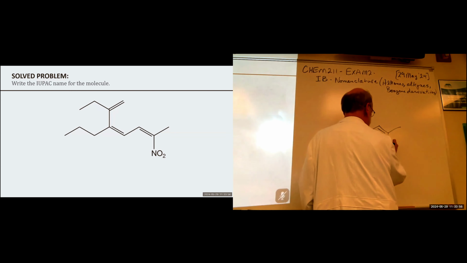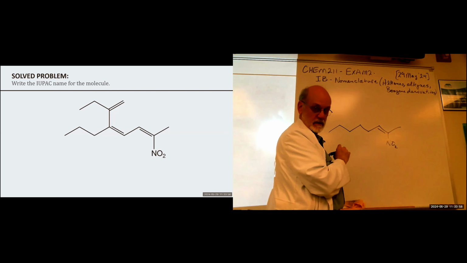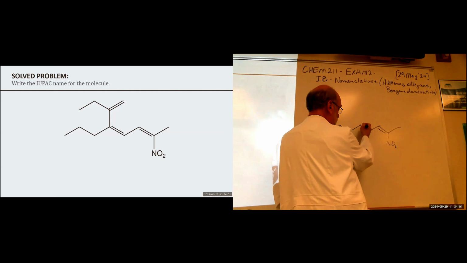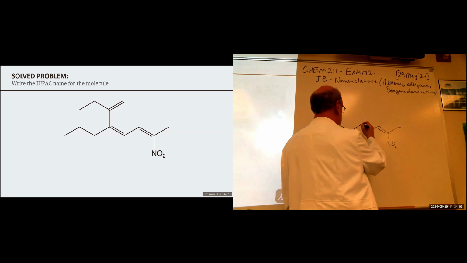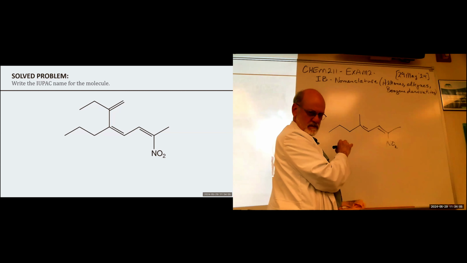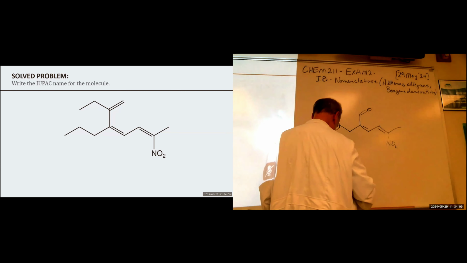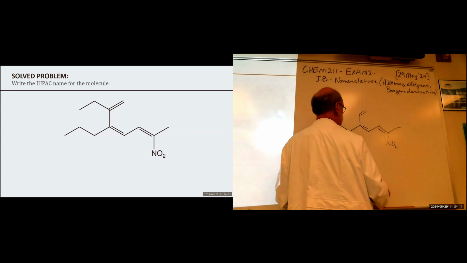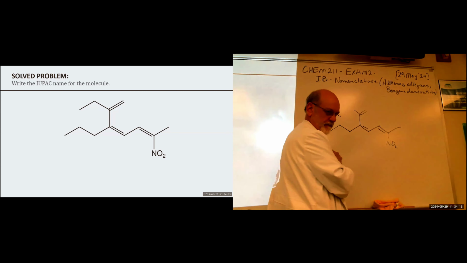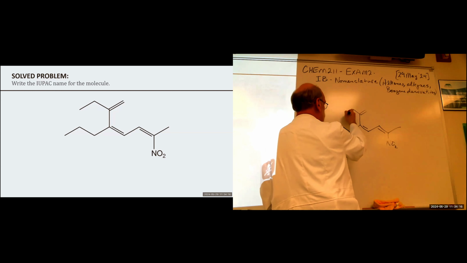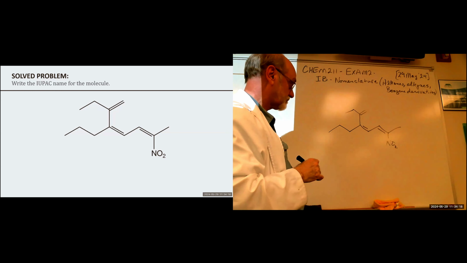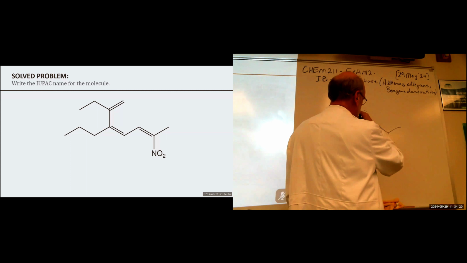Double bond there, a nitro here. And then we got a double bond here. Yep. And a branch there. Double bond here. Oops, not an oxygen, it's carbon. That one. Like that. Okay, this is a challenge.